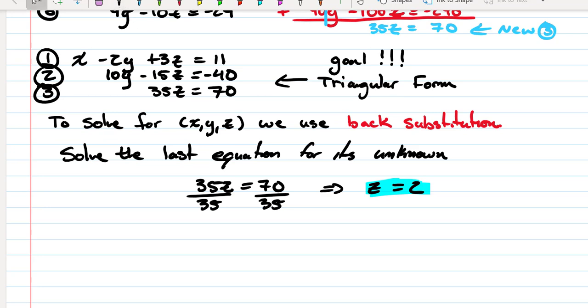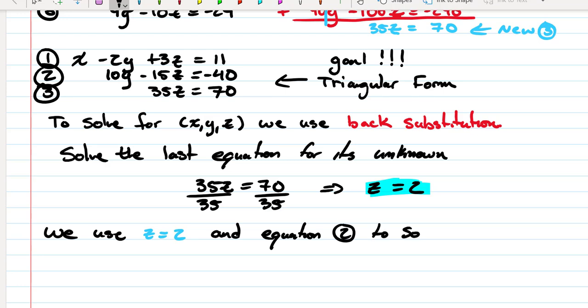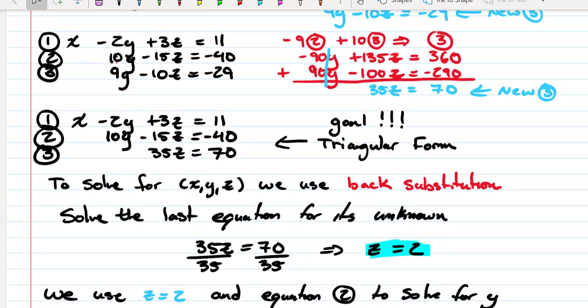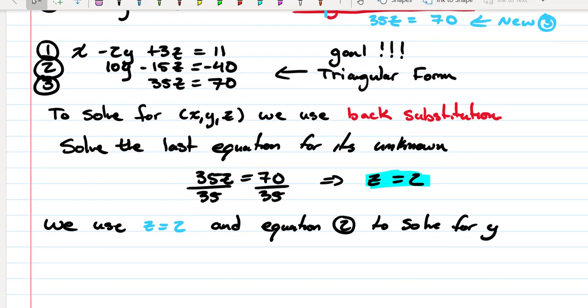So then we use z equals 2 and equation 2 to solve for y. Because if we look at equation 2, how many variables does it have in it? 2, y and z, but we know what z is because we found it in the previous step. That's why this is called back substitution, we're going to be using what we found in the previous step to proceed forward.